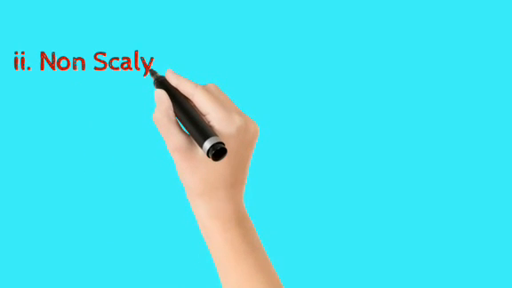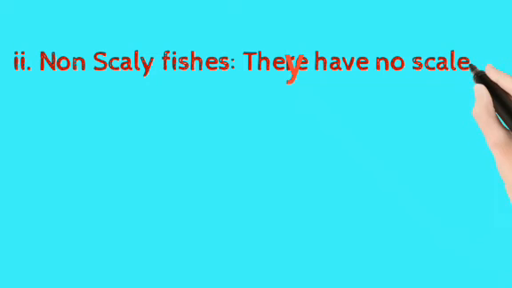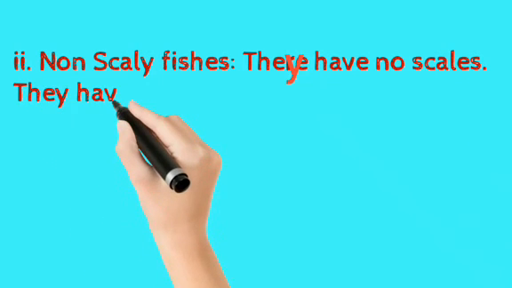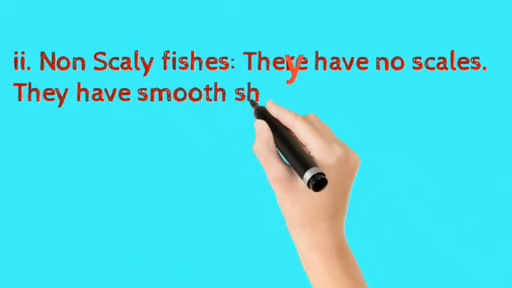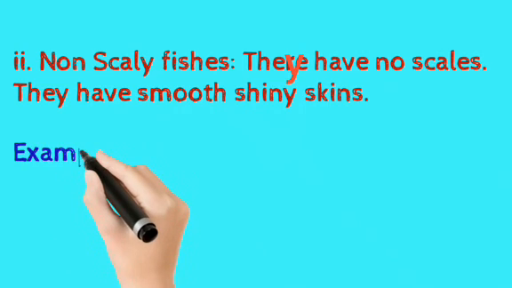Now, the second is the non-scaly fishes. The non-scaly fishes have no scales. As the word implies, non-scaly. Now they are smooth in nature. They have smooth and shiny skins.